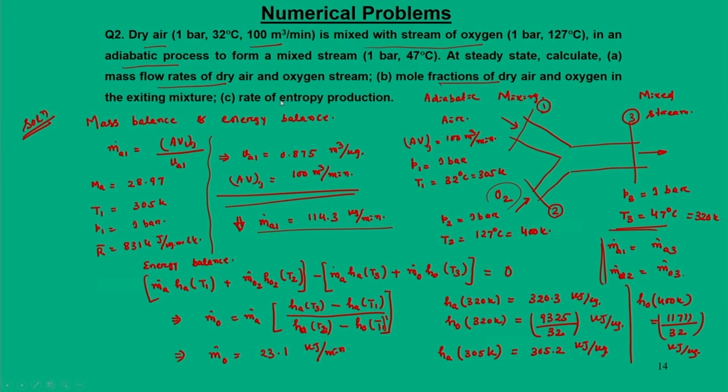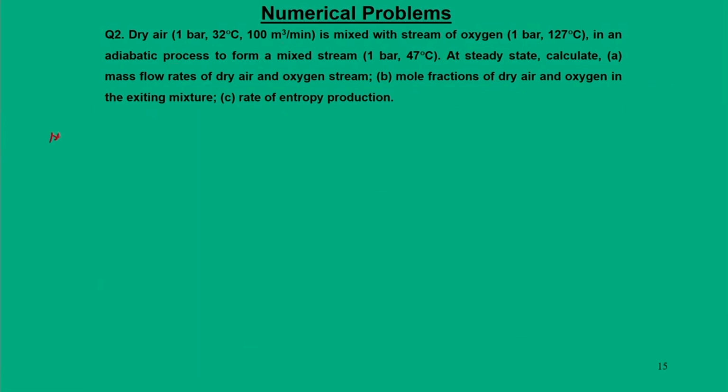Now, once you have the mass flow rate, we can get the mole fractions, which is secondary information you require.